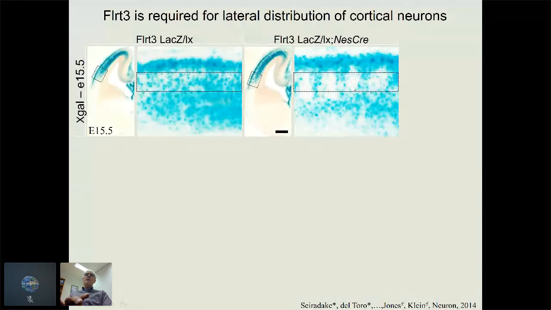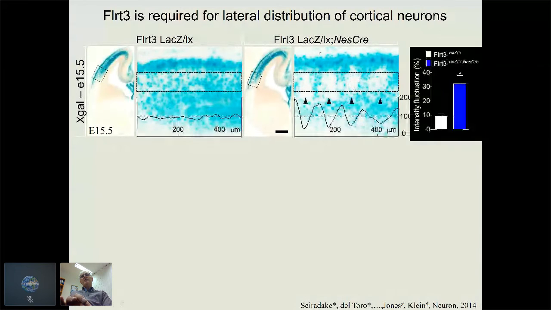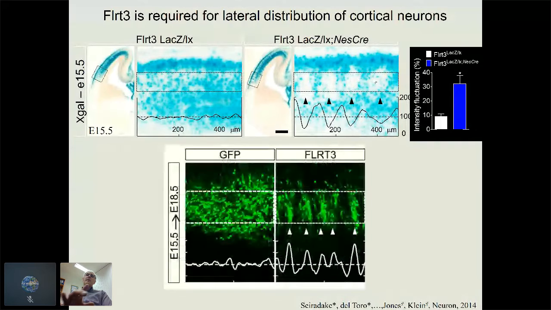And Dani, who quantified this, could very easily see this fluctuation in staining intensity. And this was highly significant when he looked at many embryos. Now, intriguingly and very interestingly, you would see a very similar behavioral change of these neurons when you overexpress FLRT3 using in utero electroporation at E15.5, and then looking at the brains at E18.5.